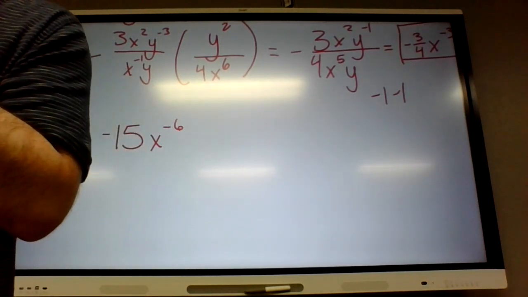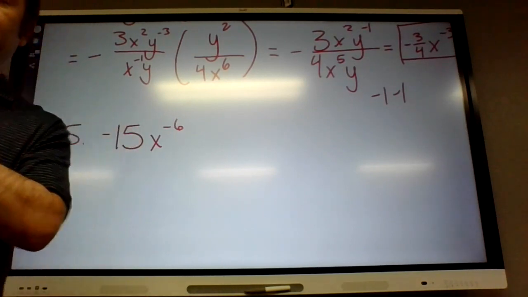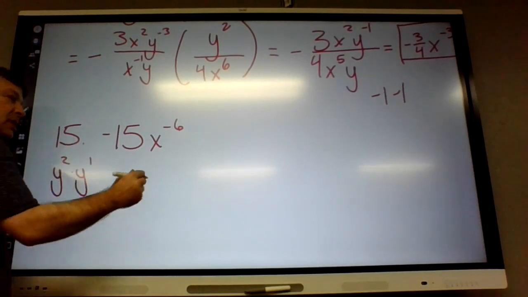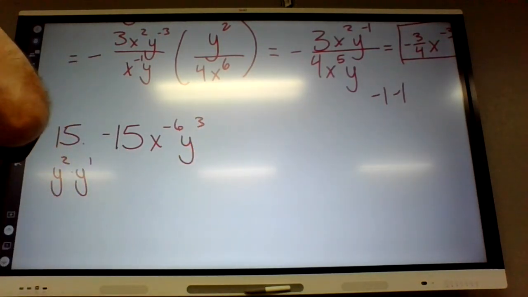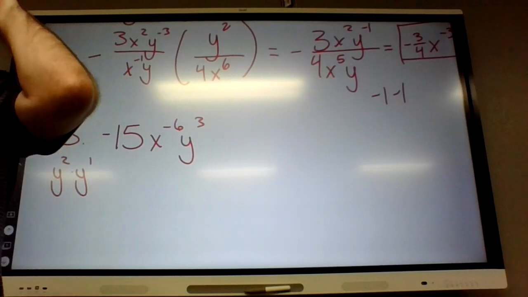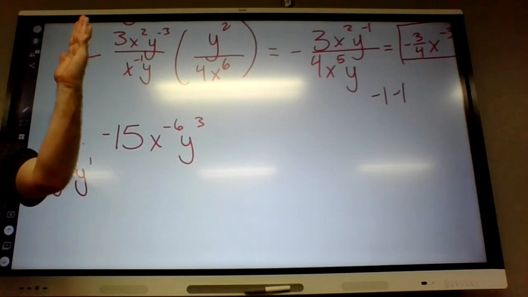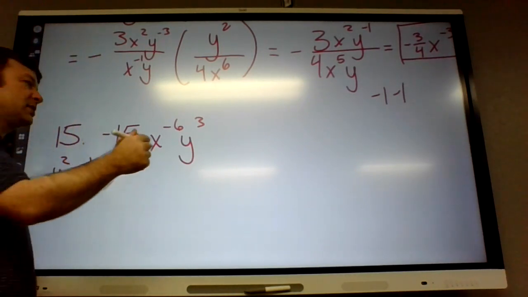Then we got y squared times y, so when it just says y, that means there's one of them. So 2 plus 1. And then on the z's, we got 4 plus -5. So that's on the number line, it's like 4 plus -5, -1.